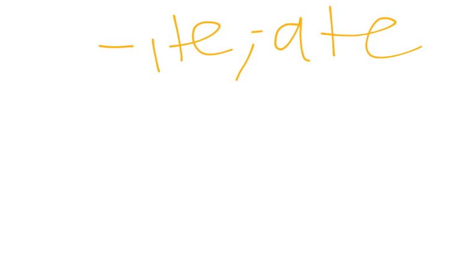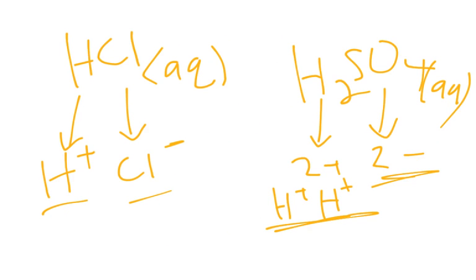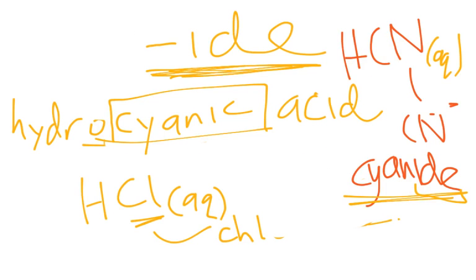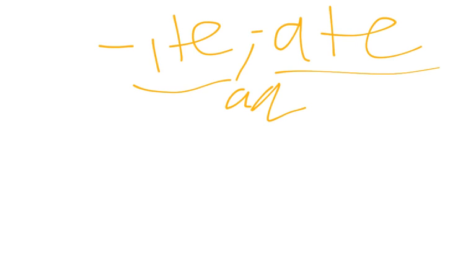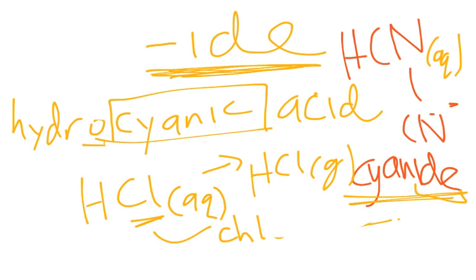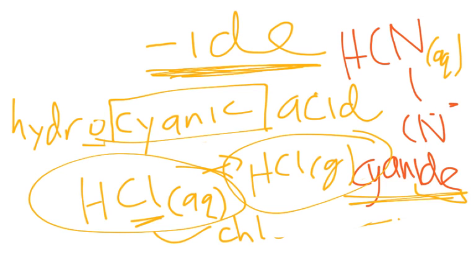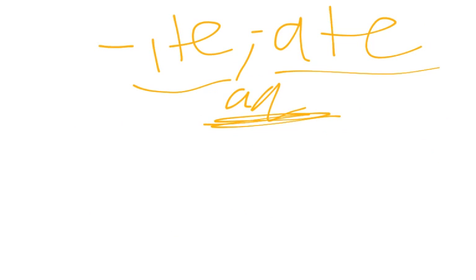Usually things that end with an ite or ate only have an aqueous form, unlike things that end with an ide, which can have a gaseous form such as HCl gas. So things that end with an ite and ate generally only exist in acidic forms, while things that end with an ide exist in both an acidic form and in a gaseous form, for example.